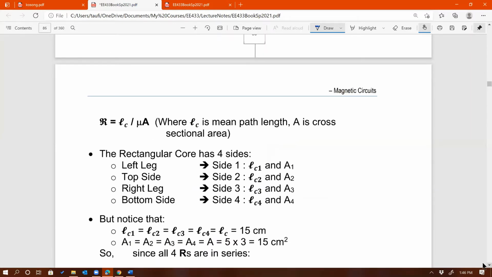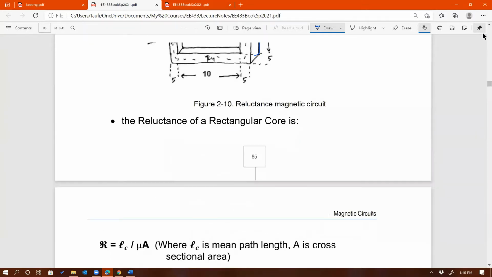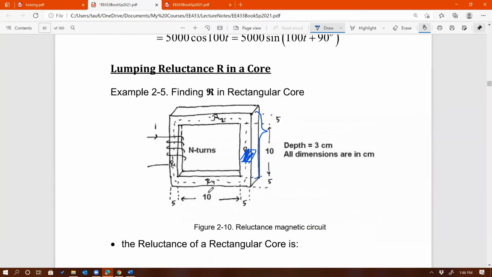Then notice that for this example, all 4 sides have the same length of 15 centimeters, and just call it LC. Is that true? Let's double check quickly. You can see that we have 10 from here to here, and then you have 5 here, 5 there, but then we want to get the mean path length of the core.